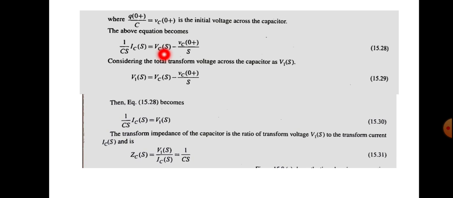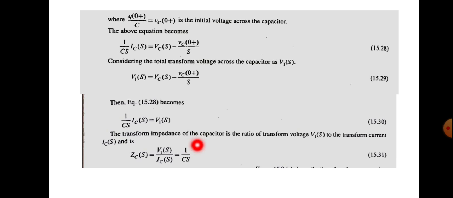So this equation, equation number 15.28, becomes 1 by Cs times Ic of s equals V1 of s. Taking the fraction V1 of s by Ic of s, it equals 1 by Cs. But you know that V1 of s by Ic of s is nothing but impedance, since voltage divided by current gives impedance.